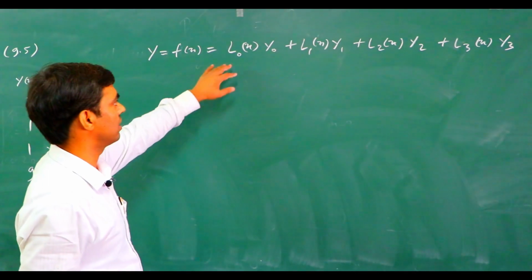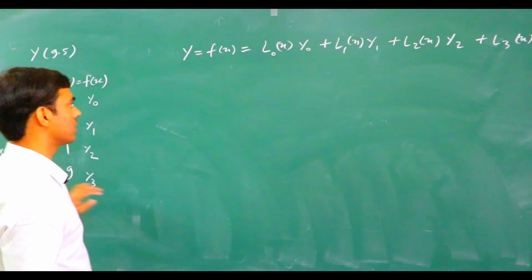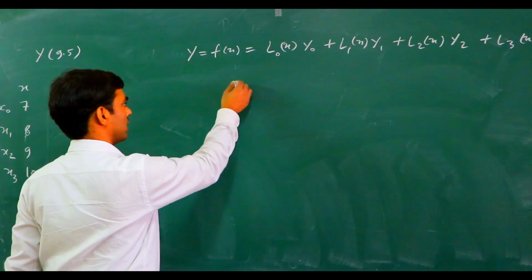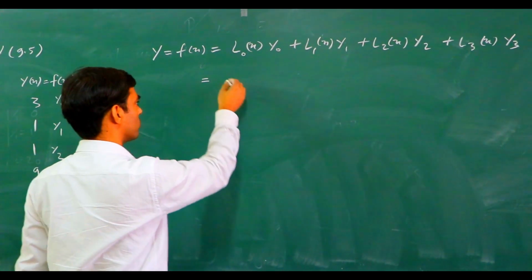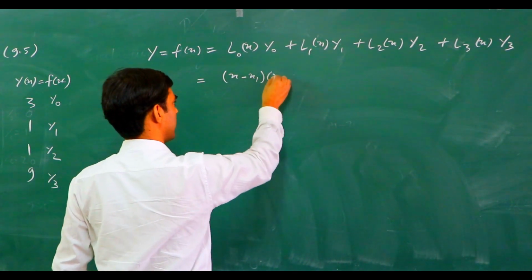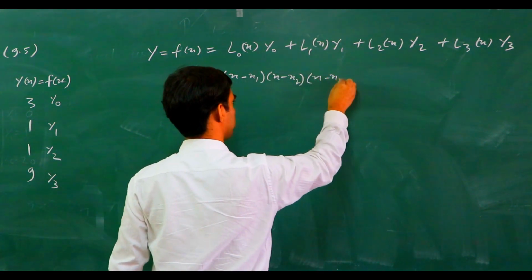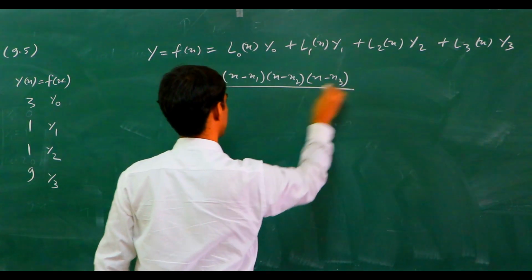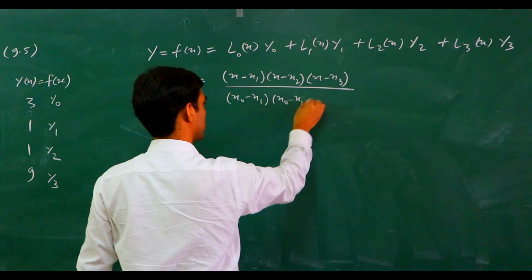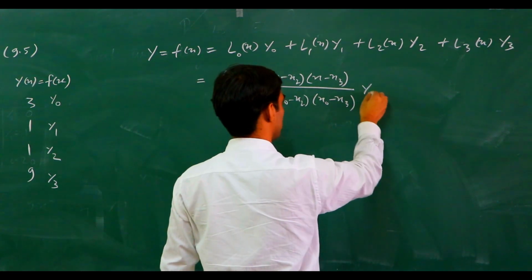Now write down the values of the Lagrange multipliers for 4 terms, L0(x), L1(x), L2(x), L3(x), in terms of x0, x1, x2, x3. L0(x) becomes (x minus x1)(x minus x2)(x minus x3) divided by (x0 minus x1)(x0 minus x2)(x0 minus x3), and here this one is y0.